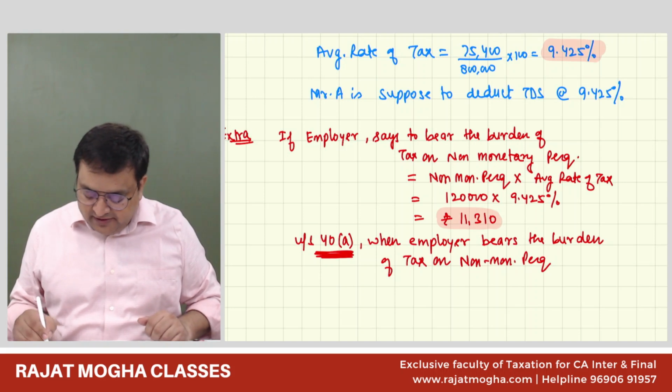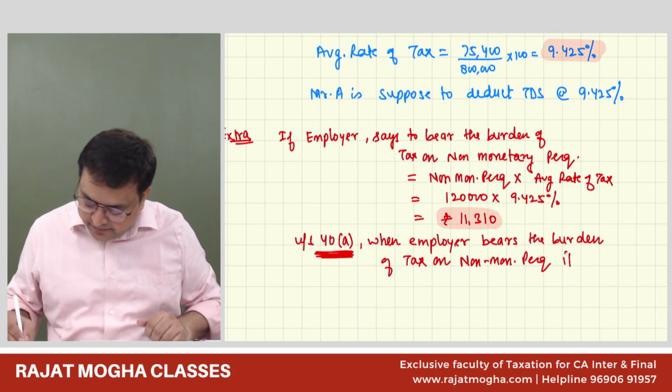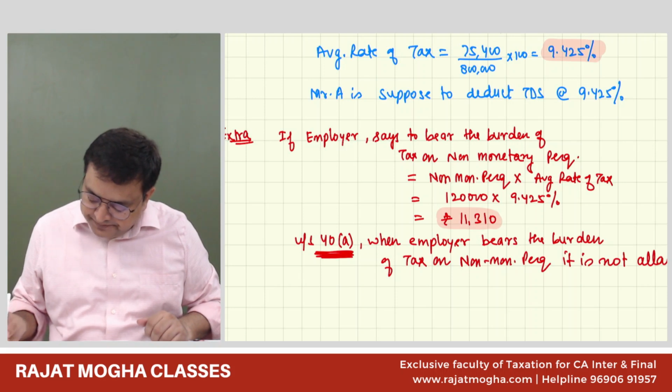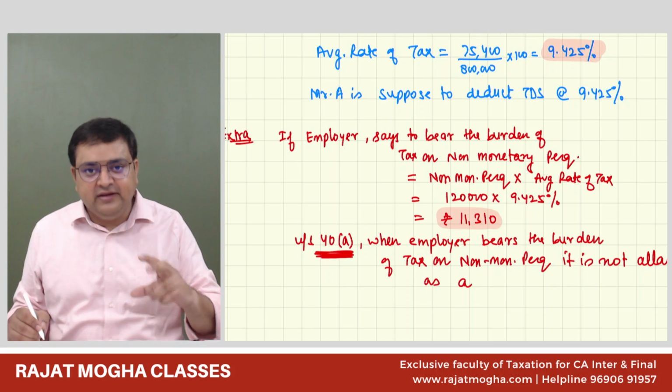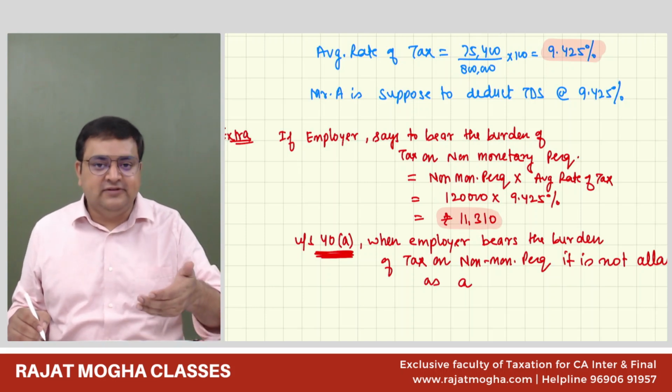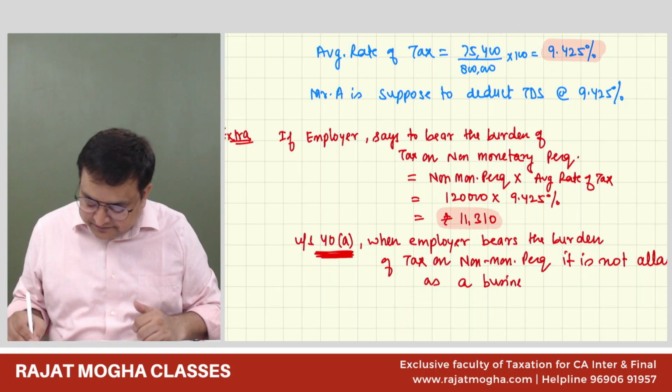So whenever the employer bears the burden of tax on non-monetary perquisite, it is not allowed as a business expense. Although I understand genuinely he is bearing this burden, it should be a business expense, but it is not allowed.